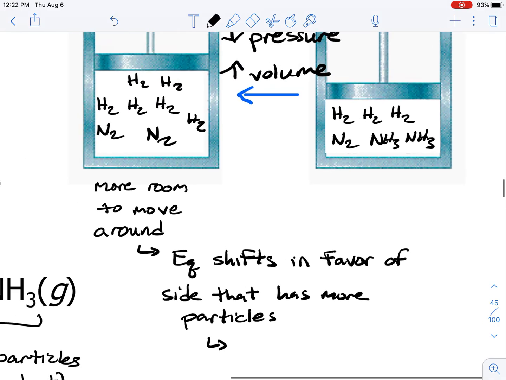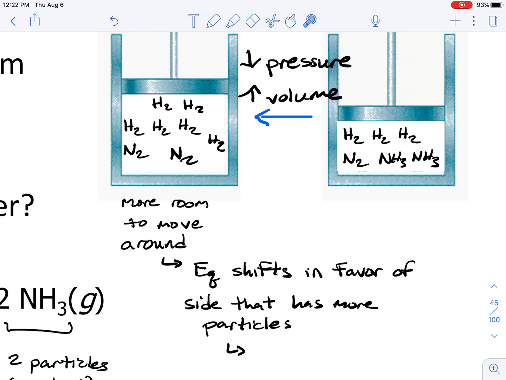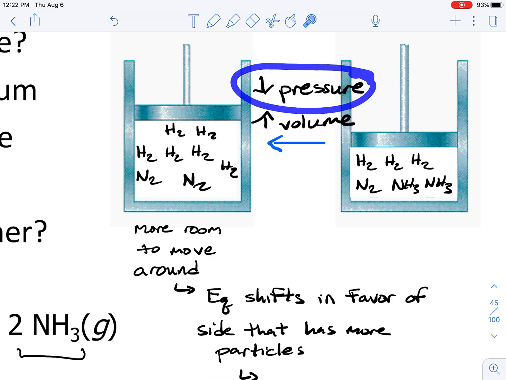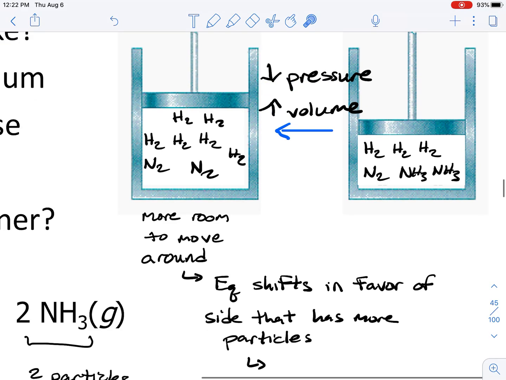And so that's what's happening in this scenario where this equilibrium is used to a specific pressure. And by lowering the pressure, it wants the original pressure back. And so it's going to convert some of the particles to create even more particles to recreate the pressure that it originally had before the stress was applied, which was an increase in volume and a decrease in pressure.